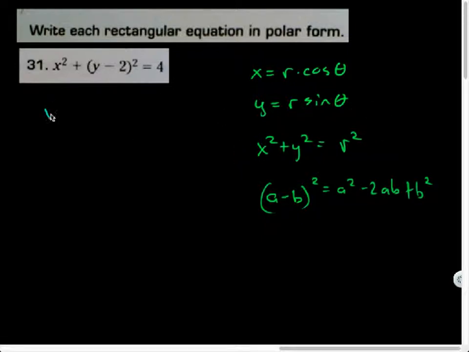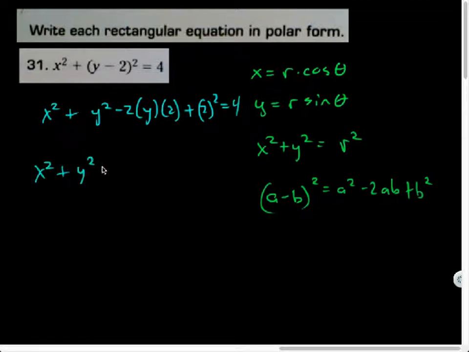I don't even know if it'll corner me or not, but y minus 2 all squared is going to become y squared minus 2 times y times 2 plus 2 squared equals 4. So that's x squared plus y squared minus 4y plus 4 equals 4. Oh yeah, this will work out just fine.